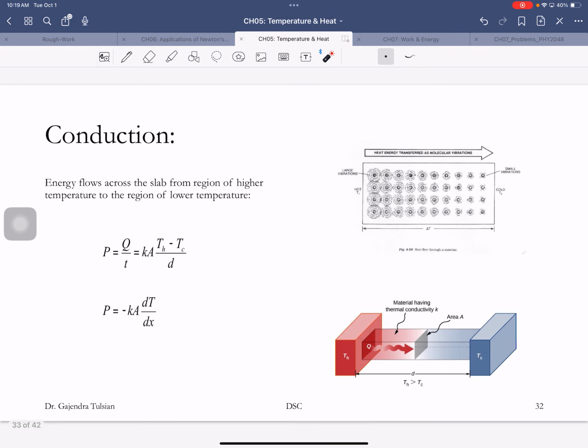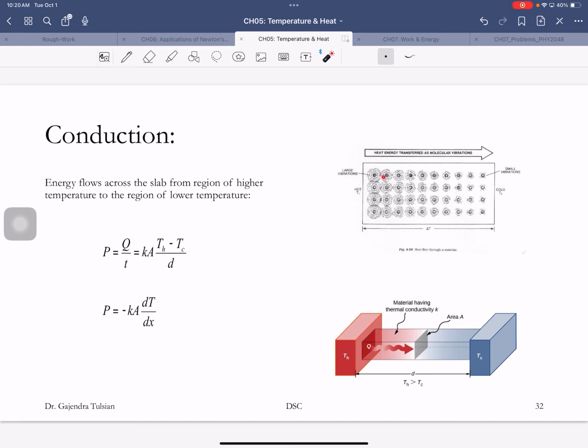All right, so here is a solid. If this end is hotter than this end, heat flows from the hotter end to the colder end. And how does heat flow? Hotter end means these molecules are vibrating with a larger amplitude. Colder means they're vibrating with a smaller amplitude.